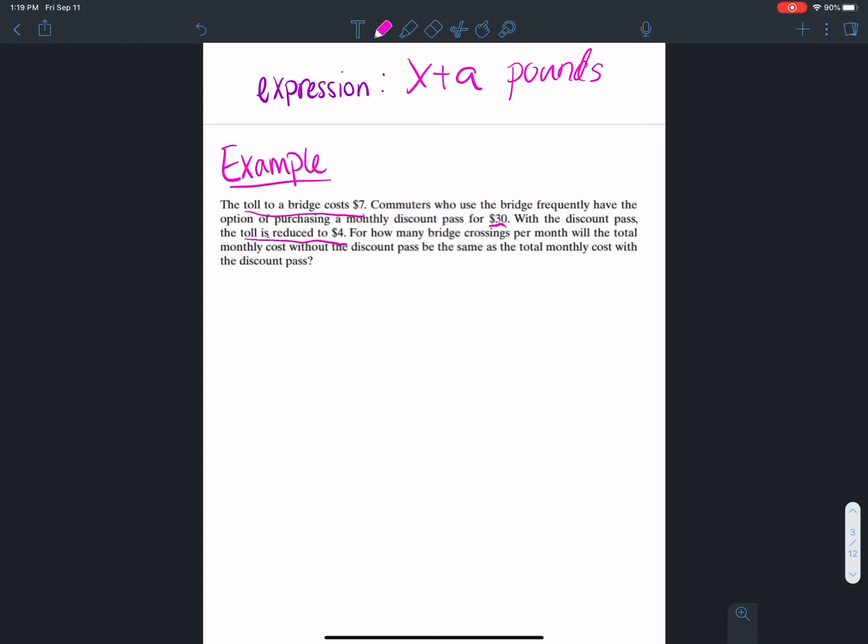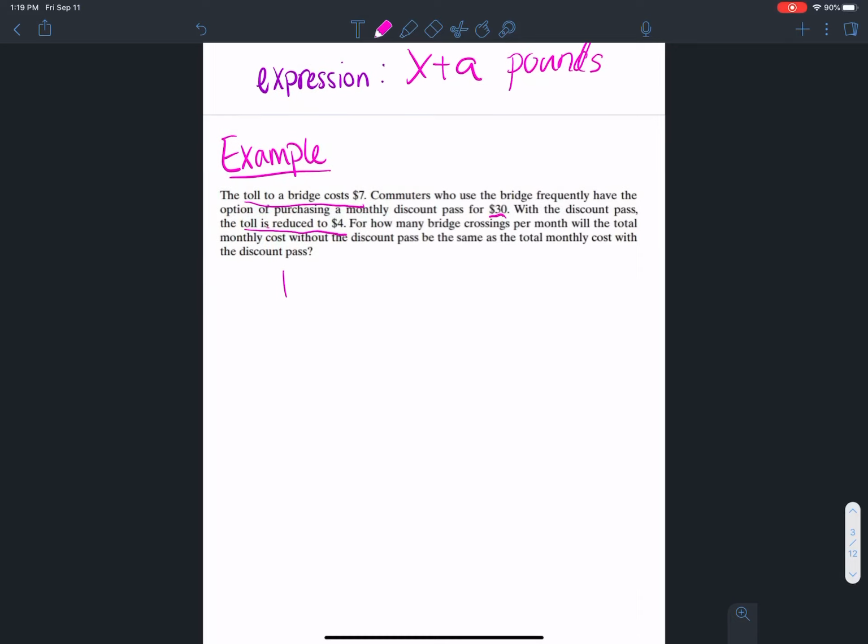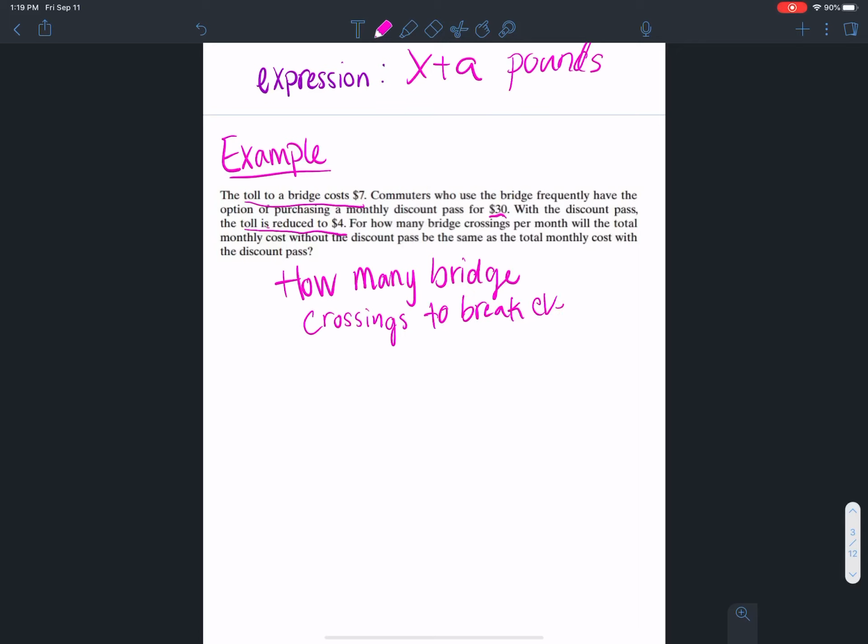Okay, so they're asking you how many bridge crossings to break even. That's essentially what they're asking you.